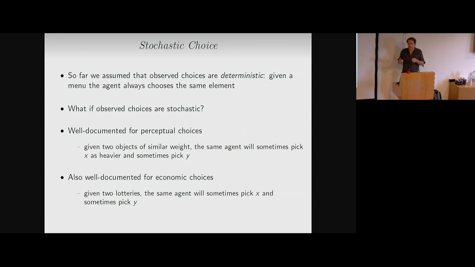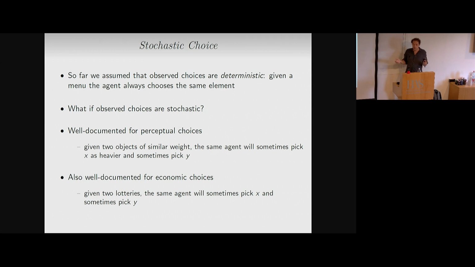If I give you two objects that are similar in weight, sometimes you're going to think the one in the left hand is heavier, sometimes you're going to think that the one in the right hand is heavier. So your responses will be different each time I query you. That's why my main character in the first slide was a stochastic choice function. It recorded the frequency with which you chose the left object and the right object.